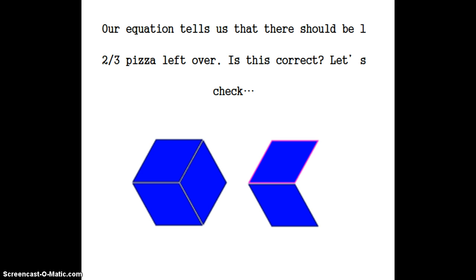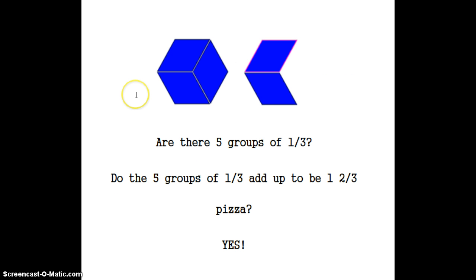Is this correct? Let's check using our illustration. 1, 2, 3, 4, 5 groups of 1/3, and as we can see, it is equal to 1 2/3 pizzas. Now, to check my work, I ask myself, are there 5 groups of 1/3?